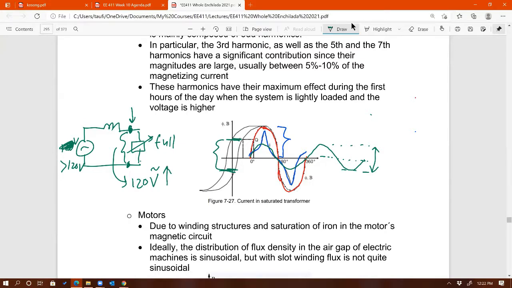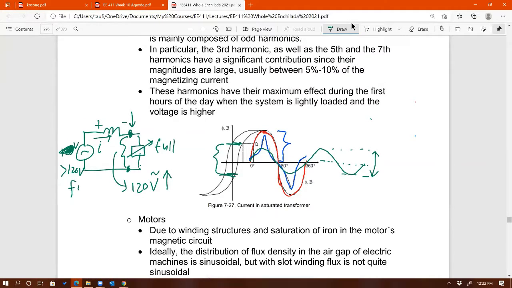Because you have less current. Lower load means less current. Less current means less drop across this impedance. Less drop means higher voltage by KVL, if this is a fixed voltage at the source. You can see that V load, if I call this V load, is equal to V source minus V drop across the line.